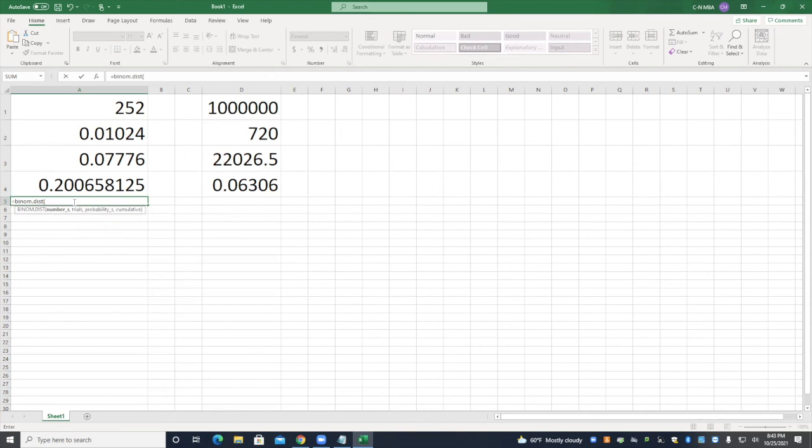In this case, how many successes do I want? In my question, how many successes did I want? 5, right? It was 5 out of 10. So I put 5. What's the number of trials? 10, right? What is the probability of success? 0.4, right?